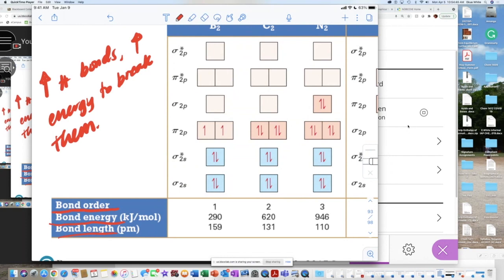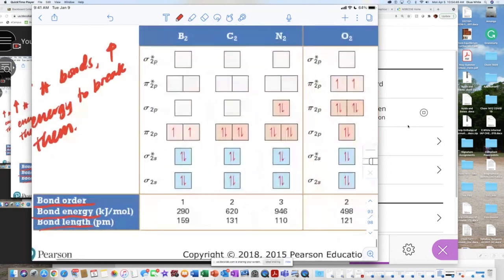Okay? Bond order. Yeah, so if you look at this and you do the math and do the bond order, bonding electrons minus anti-bonding, you get a bond order of 1, 2, 3. So you can see here, boron, if two borons bond with each other, they will form a single bond according to molecular orbital theory. Now, molecular orbital theory, as it says, is theoretical.